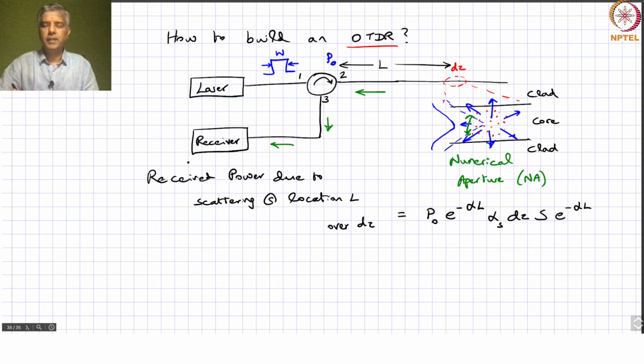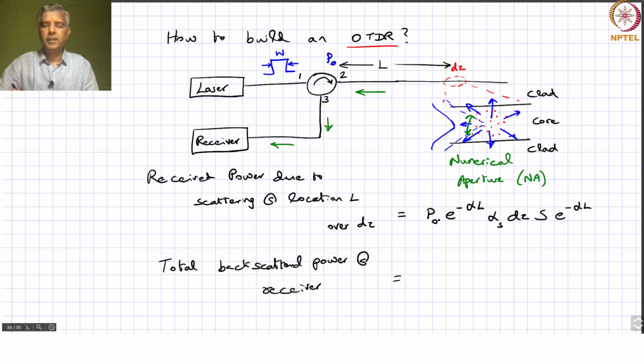So what we would say is, if you look at the total backscattered power at the receiver due to the scattering at location L over Z, then you have to do some integration over that pulse width.